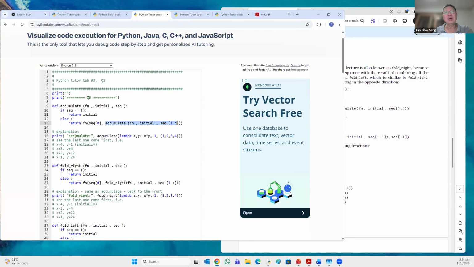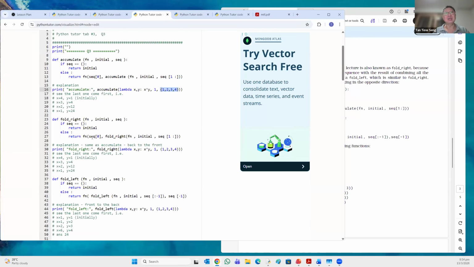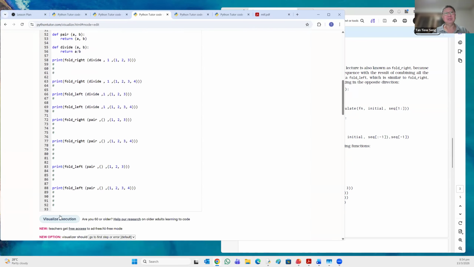So if you have this equation, the initial value is 1, which is the y, and the items here, if you trace it, of course you can trace it. Maybe let's trace it to take a look for one of them.